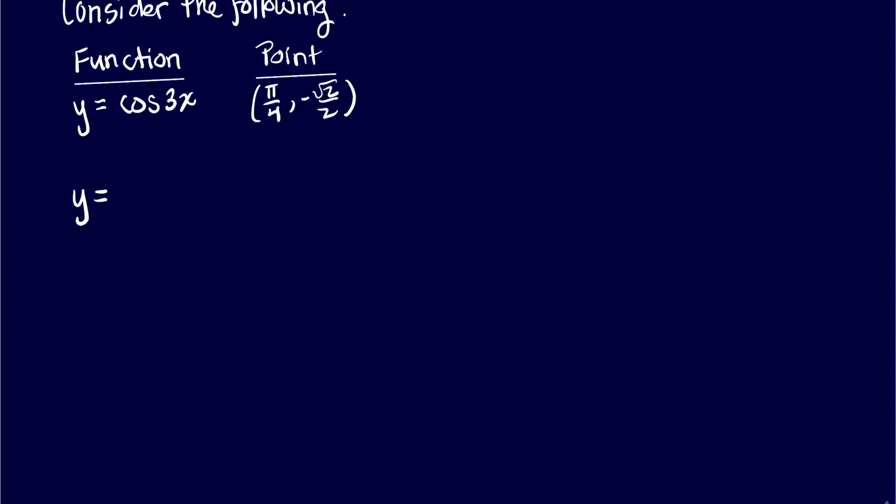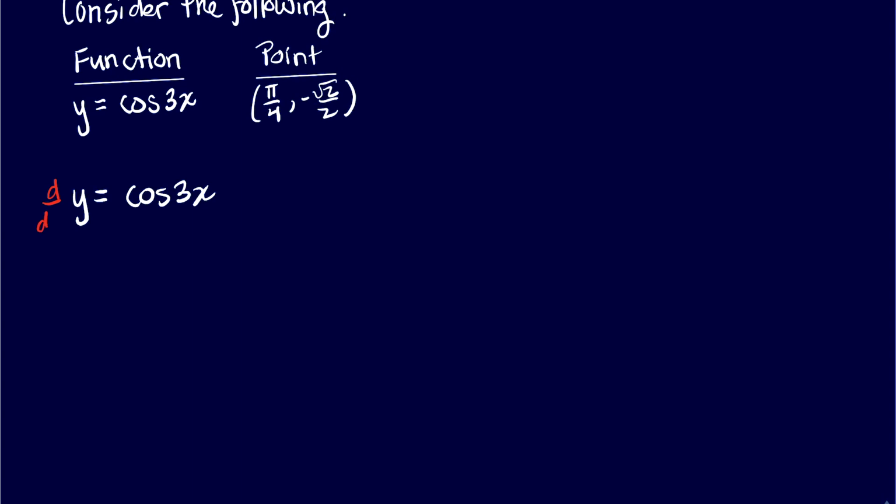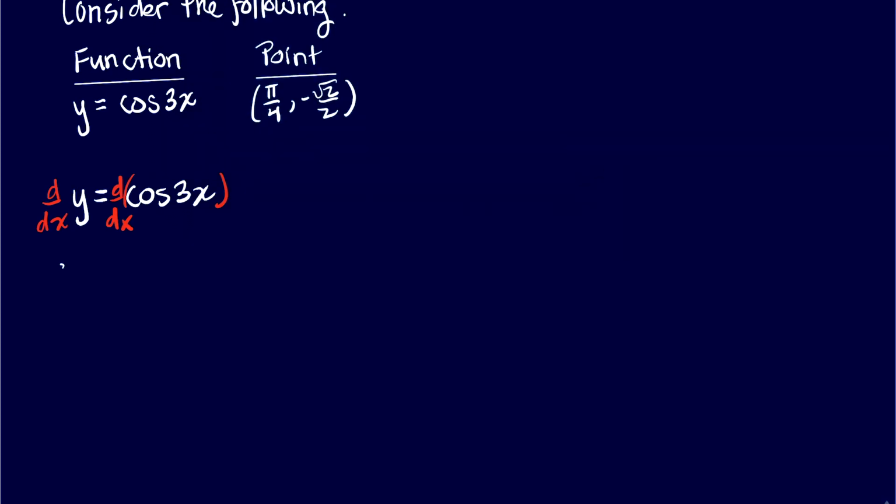Y is equal to cosine of 3x. Now, differentiating with respect to x on both sides, don't forget we're going to be using our chain rule on the trig function. So we'll end up on the left side getting a result of dy dx.